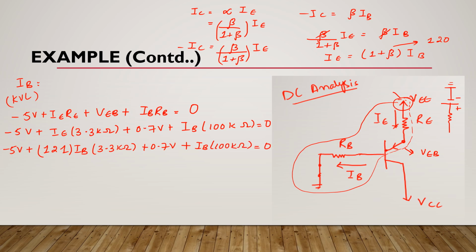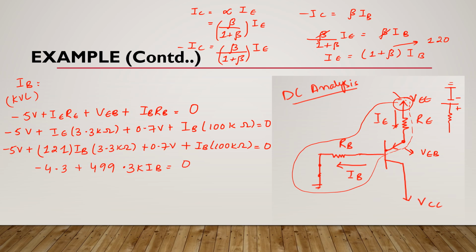Okay. Now if we solve this equation, we get minus 4.3 plus 499.3 K IB is equal to 0.